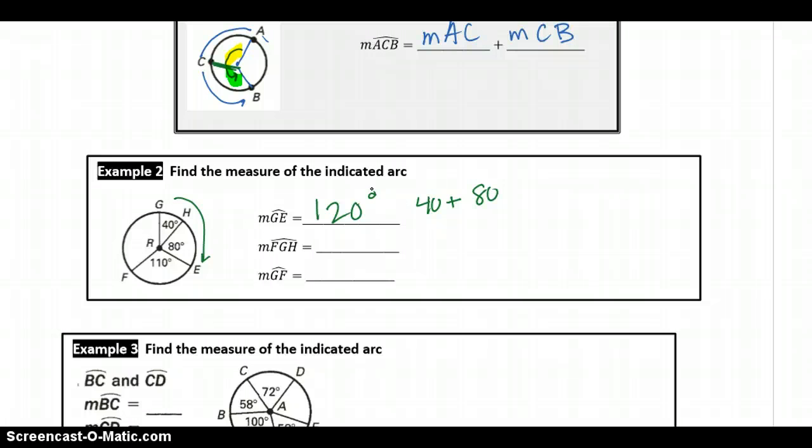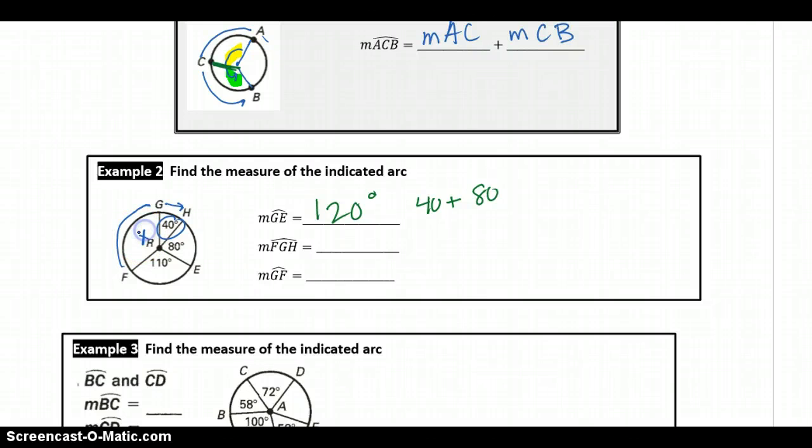The measure of angle FGH. So start at F, go through G, and get to H. We know that this piece here is 40, but do we know the other piece? No, we still need to calculate that. If you look, we're just looking for GF. Well, we're looking for that piece.